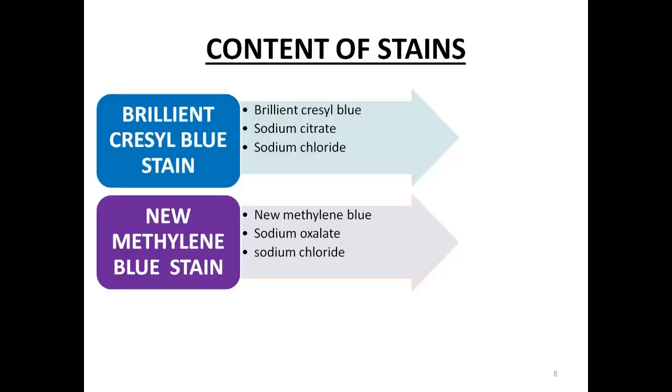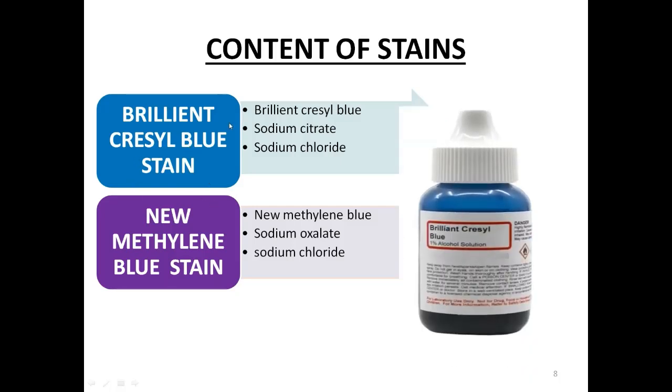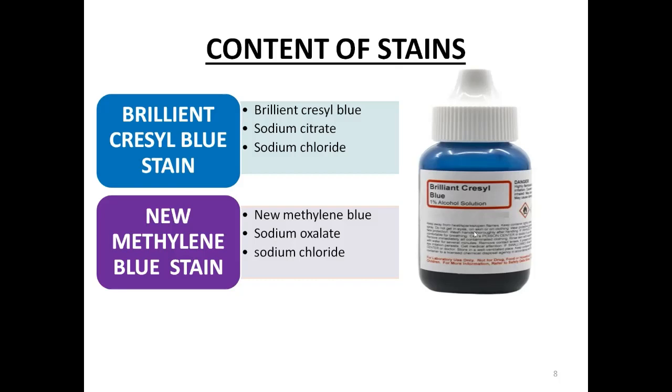Now, what are the contents of the stains? There are two stains which we are using: brilliant cresyl blue stain and new methylene blue stain. This is the picture of brilliant cresyl blue. The content of this stain is brilliant cresyl blue, sodium citrate and sodium chloride.